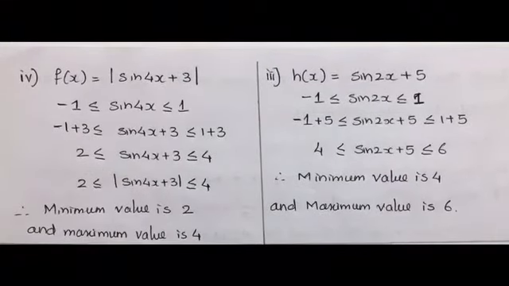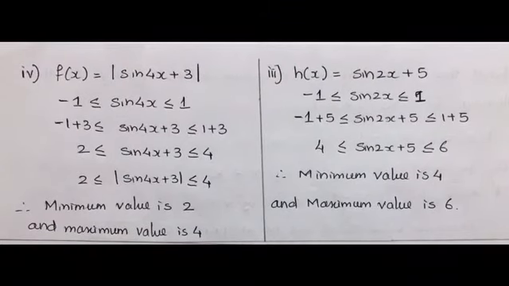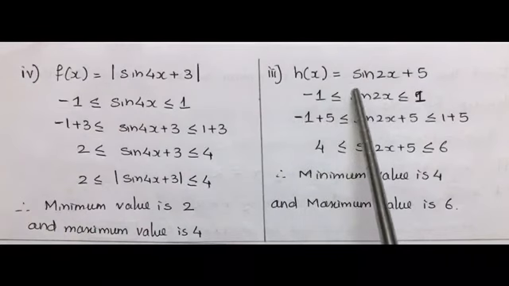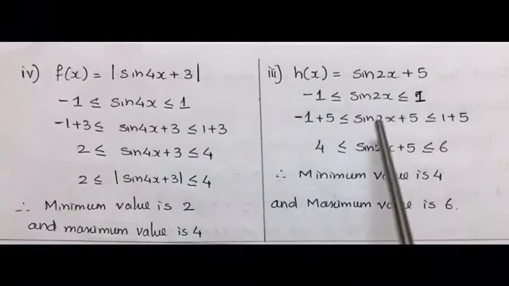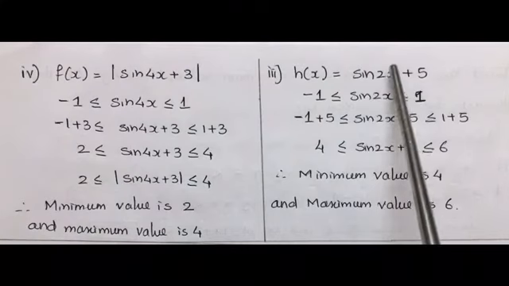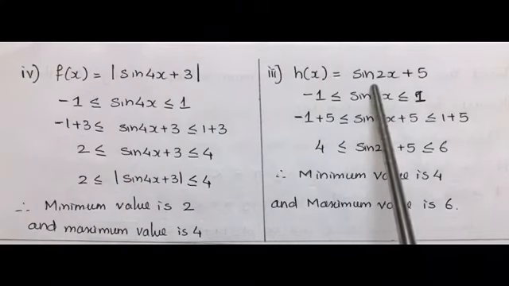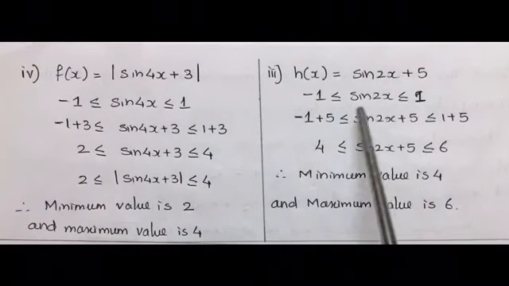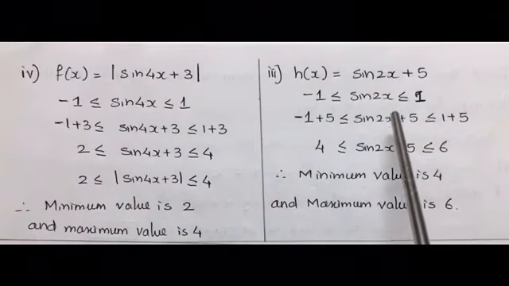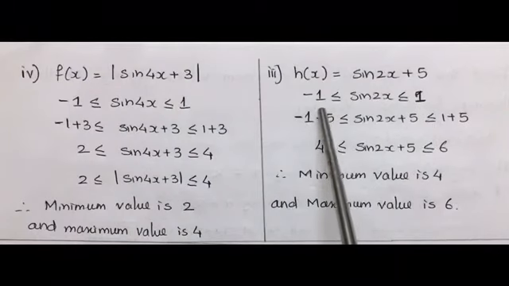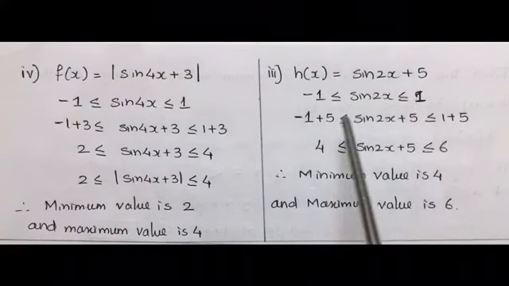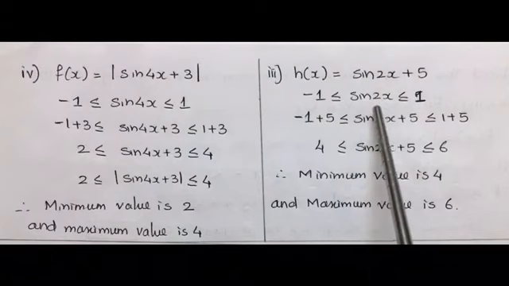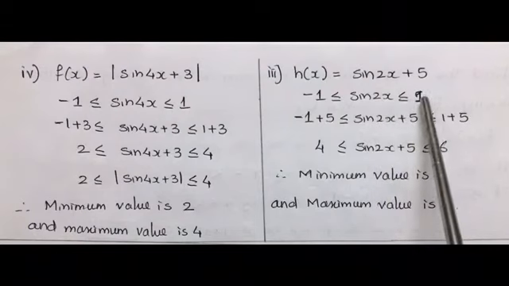Question number 3 of example number 2. It is given as h of x is equal to sine 2x plus 5. Now here also we will take the range of sine. The range of sine is -1 to 1, to calculate the minimum and maximum value. So it is written as -1 less than or equal to sine 2x less than or equal to 1.